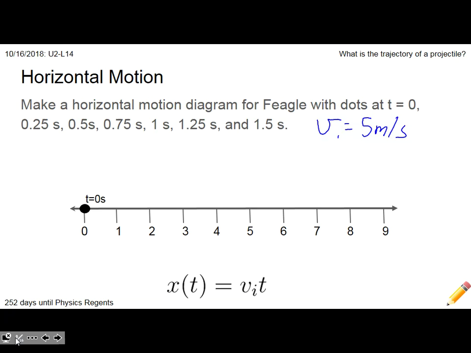I've got an equation on the board that can help you figure out the exact values. You can use the calculators at the table to help you do these calculations.